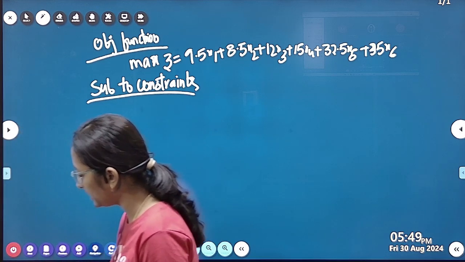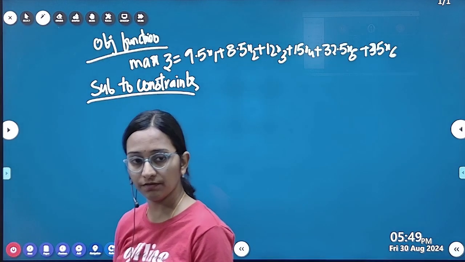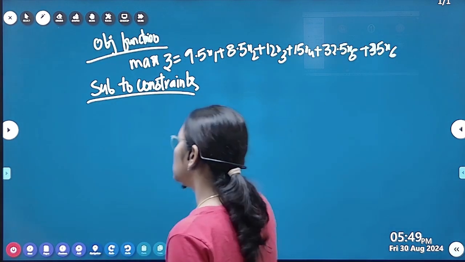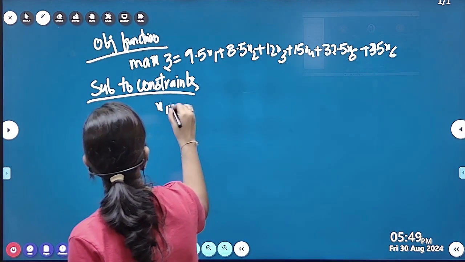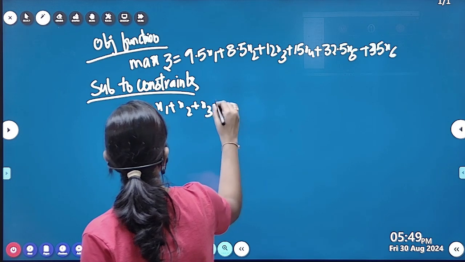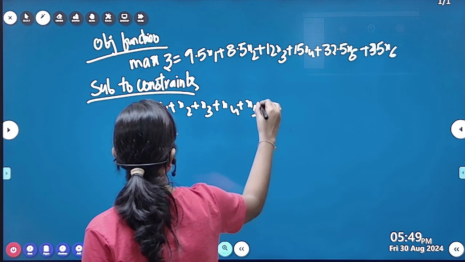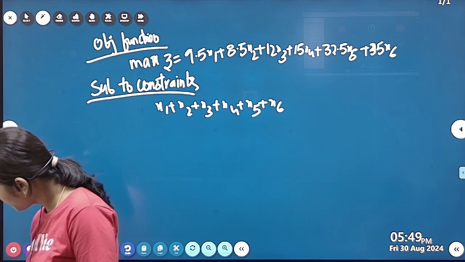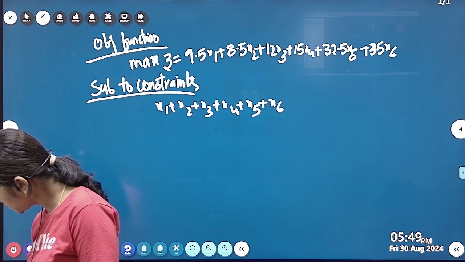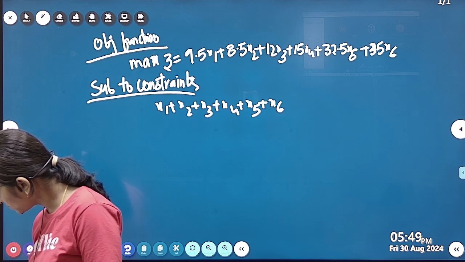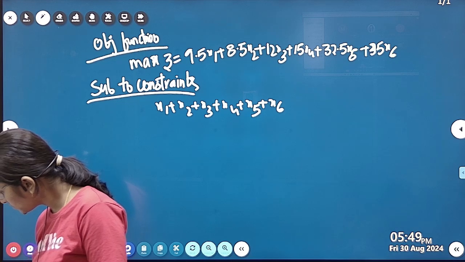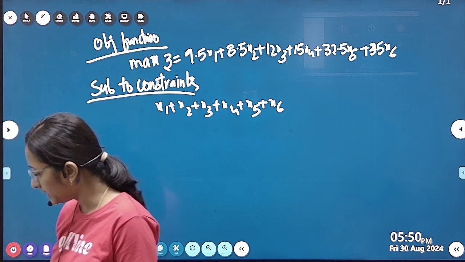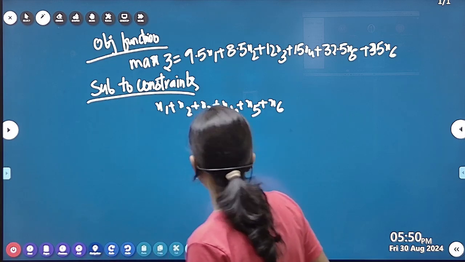Here, in the first point, they give the following policy guidelines. The first one they are telling is that all the funds should be invested, meaning x1 plus x2 plus x3 plus x4 plus x5 plus x6 should be invested, and the factor they are given is 1, or we can take it as 100% also.